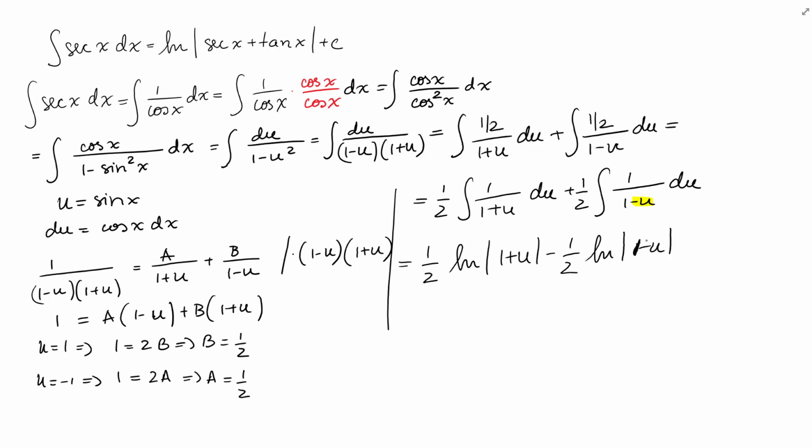Just imagine if you did a new substitution and said v equals 1 minus u, dv is negative du, so that's why we get a negative in front here. So now if we factor out 1 half, we end up with ln of 1 plus u minus ln of 1 minus u.